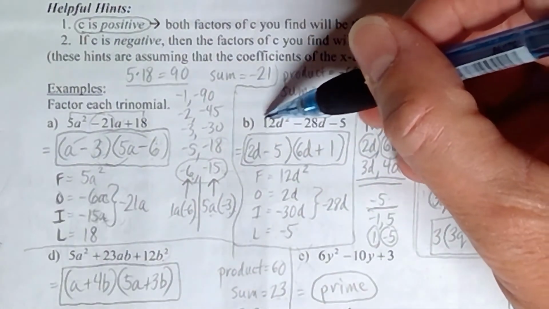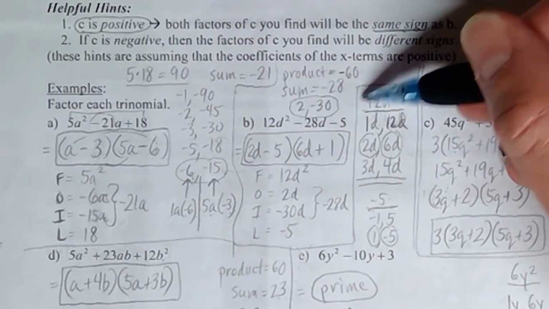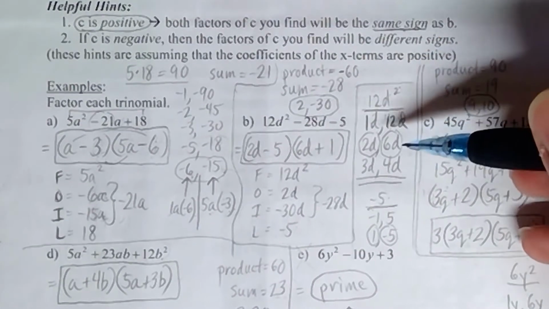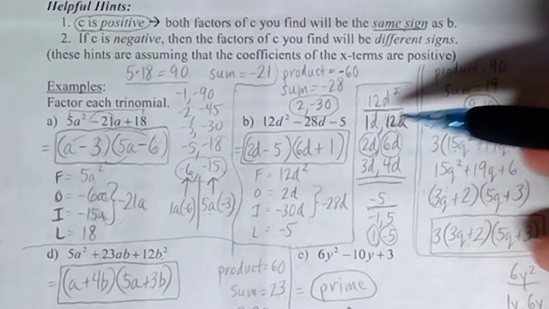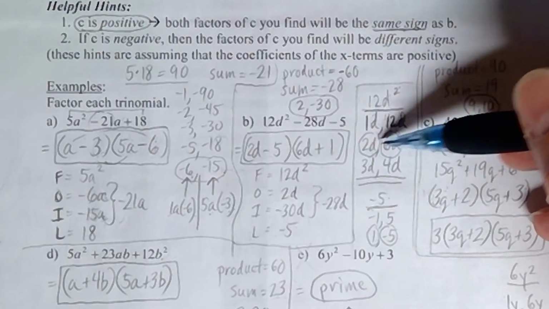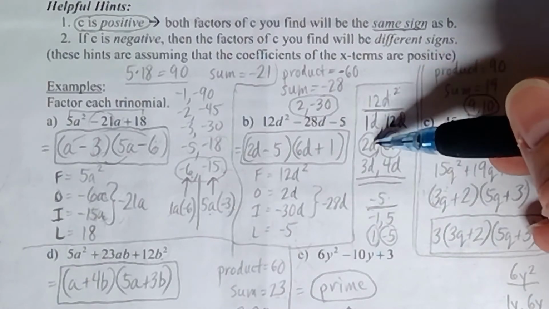But what you need to do at this point in order to get this same answer is the following. You need to take the first term, I brought it over here, not just the 12 this time though, but the whole thing, the 12d squared. And because the d squared is included, when you make the list of factors for 12d squared, you don't just do 1 and 12 and 2 and 6. You do 1d and 12d. In other words, you put the variable in there.